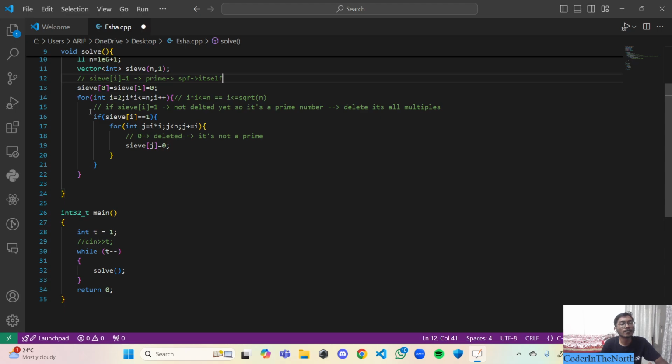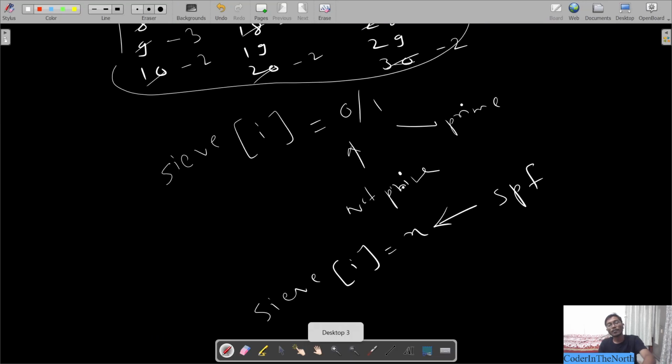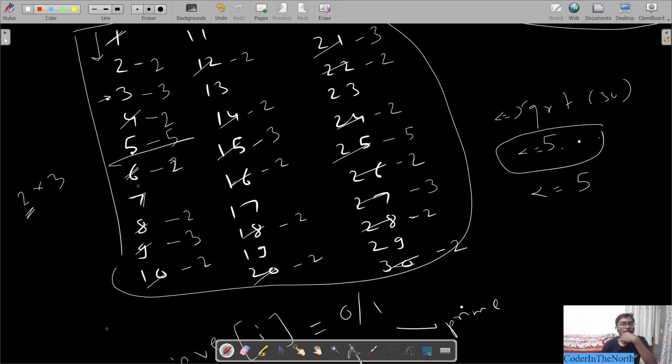Now if the number is prime, then we'll start to assign its multiples. The SPF of its multiple will be that number I. But what case we saw last time: for 6, we already assigned 2.